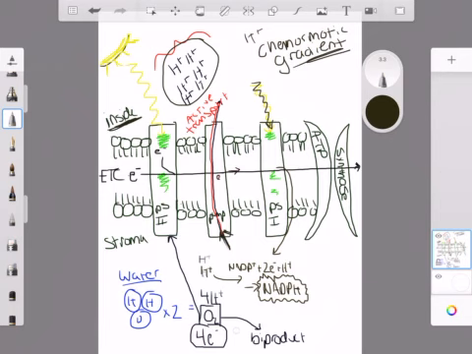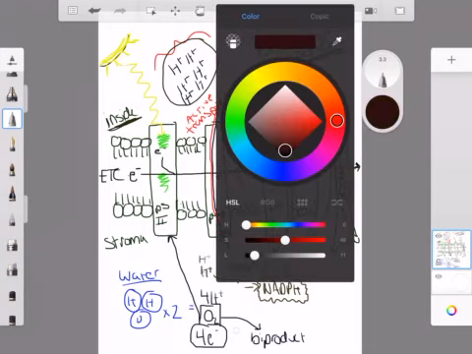What's going to happen is these ions are going to flow through the channel, the ATP synthase, through facilitated or passive diffusion. So those hydrogen ions are going to flow through. This is a high concentration to a low concentration. And that is called, we'll put this in a different color, facilitated diffusion.